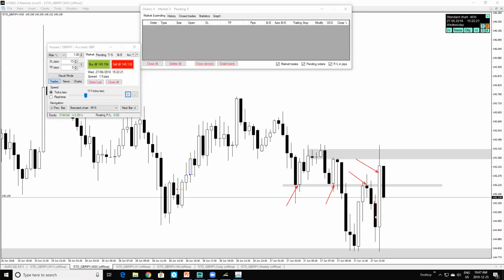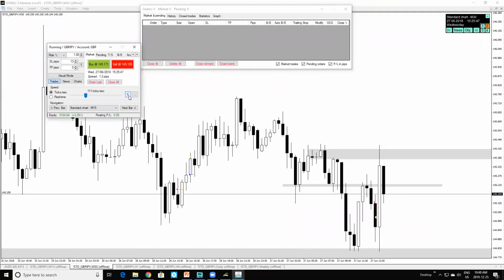For price to respect this area and continue up, this current bearish candle needs to respect it, but if it closes below, let's say 145,200, there's a high chance price will continue moving down. So we're just waiting for a candle to close and see where it closes. If it closes below 145,200, it's going to come down. If it closes above 145,200, it's going to go up. Trading doesn't get any simpler than that.